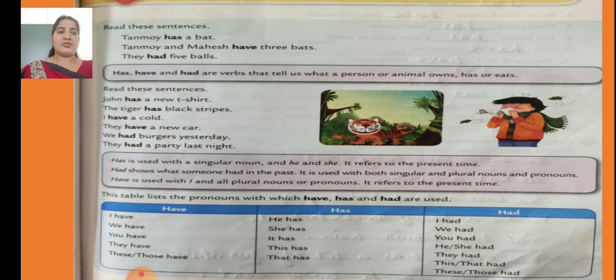So have we use in the present time. So has and have we use in the present time, but has we use with a singular noun, whereas have we use with a plural noun or pronoun, children. Understood, children? And with I also we use have only. But had is used in the past form, which is had in the past, and it is used both with singular and plural.